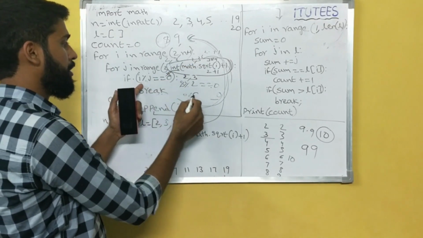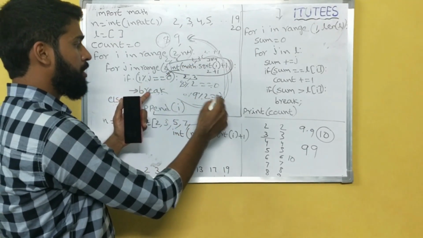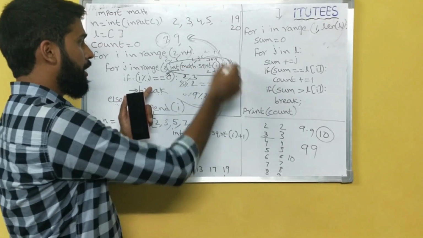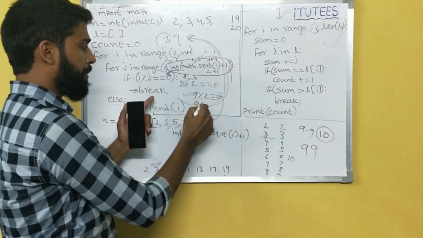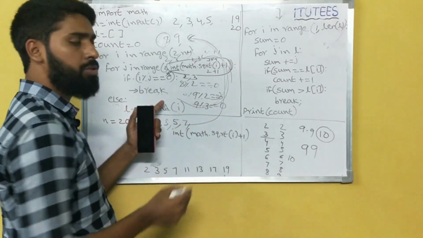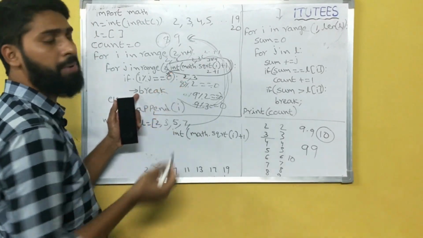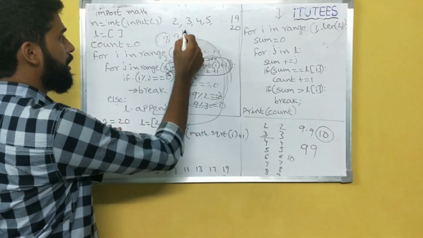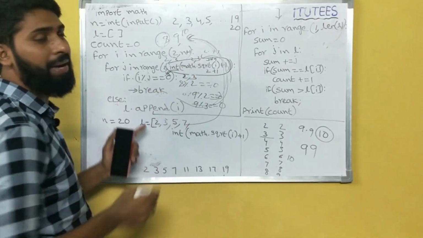First time j is 2, 9 percent 2 equals 0? False. Again goes to 3. 9 percent 3 equals 0? True. Go to break. Next it is 10, it goes to break.